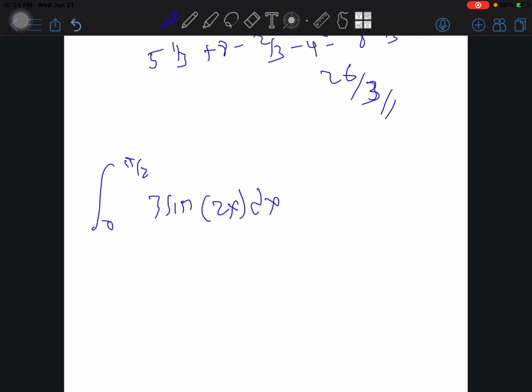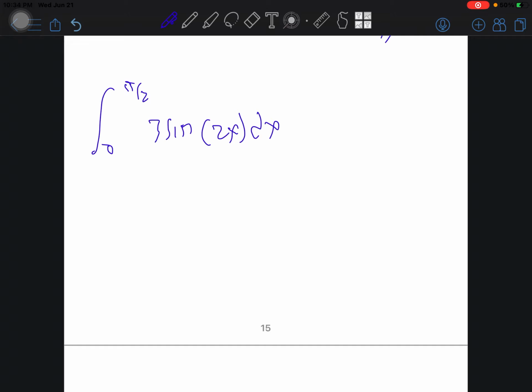Based on that, just do your normal integration that we learned earlier on. The integral of sine gives you something negative. Differentiate whatever is inside the box and divide. So we are going to get 3, and when you differentiate 2x, we get 2, so times 1 over 2.